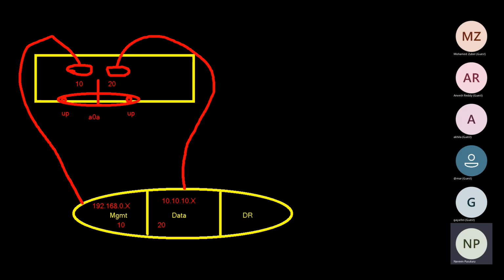That means I can use the same ifgroup to connect to multiple networks, and I can host multiple LIFs which belong to different networks on top of the same ifgroup with the help of VLANs. Later, I have to create another LIF for DR as well, disaster recovery.